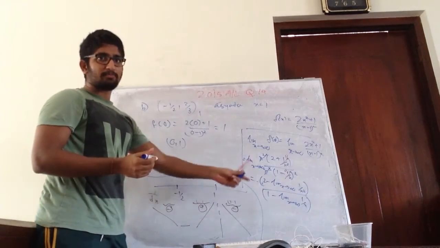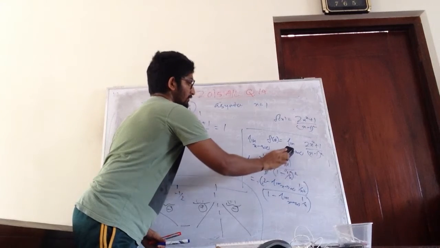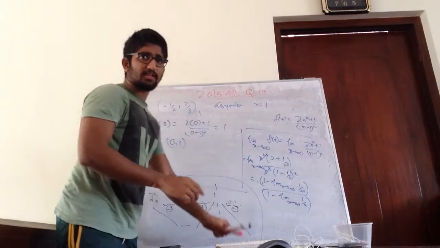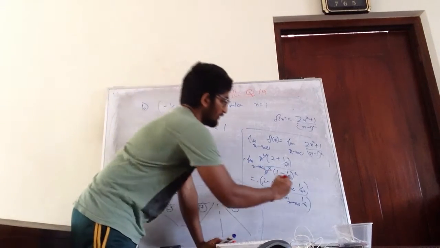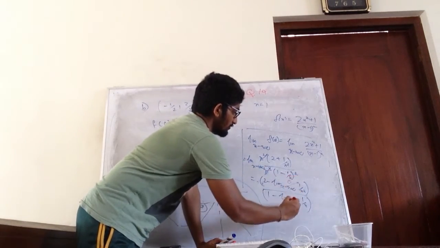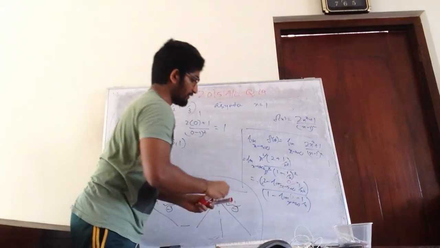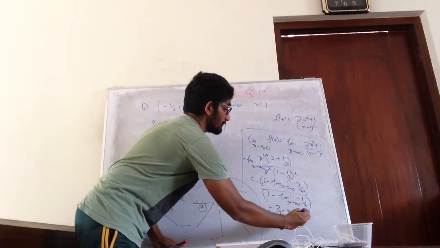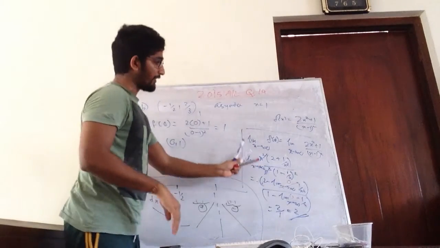This is much clearer, so you can use both ways. This goes to 0, this goes to 0. Then this will become 2 over 1, that means 2.